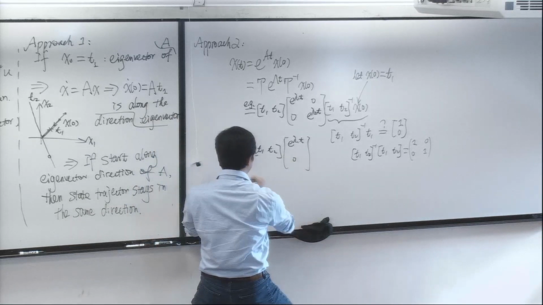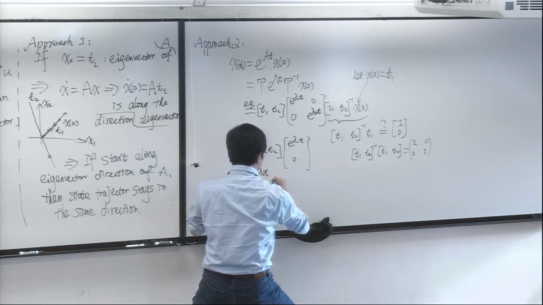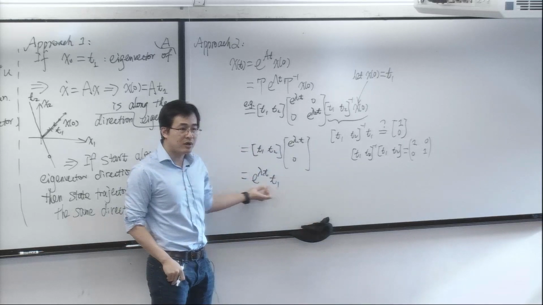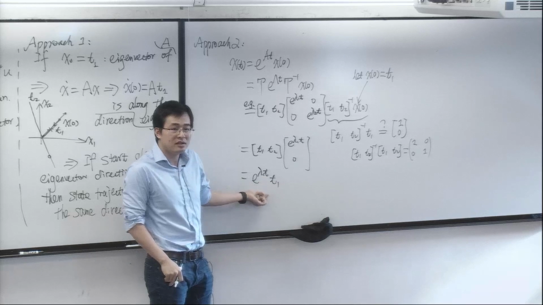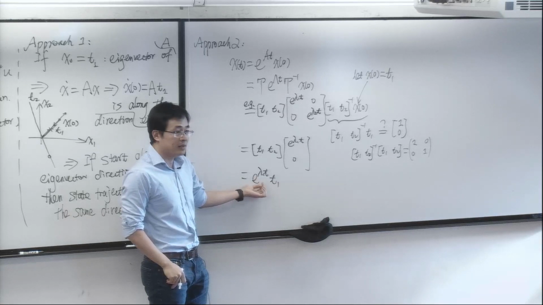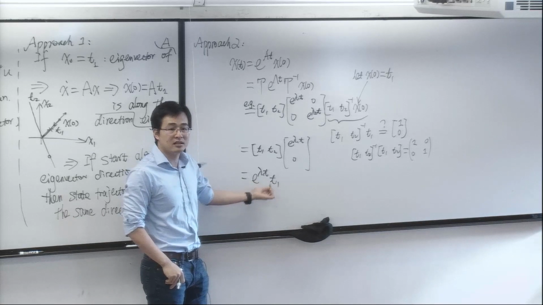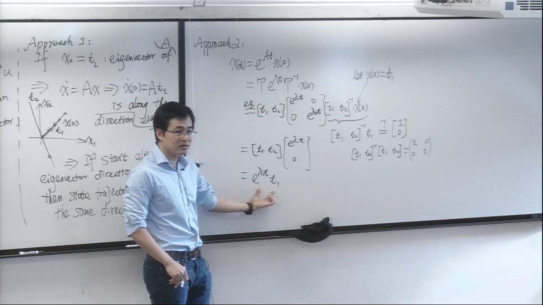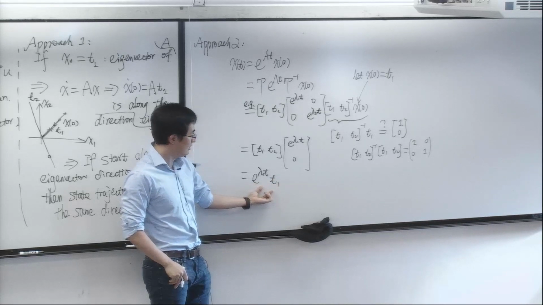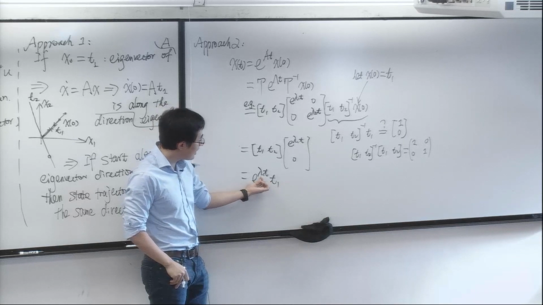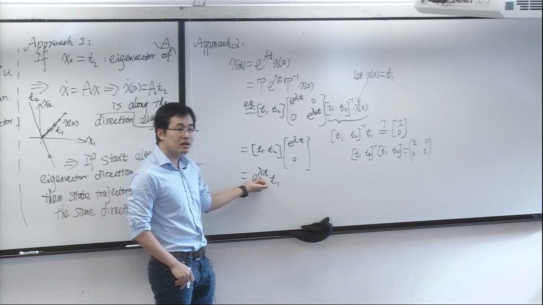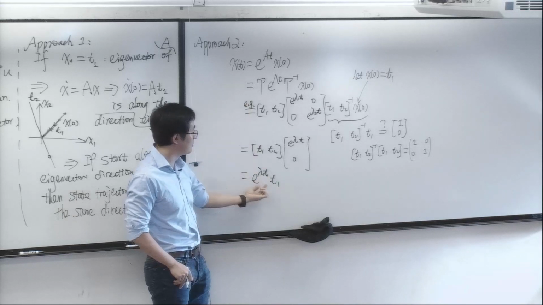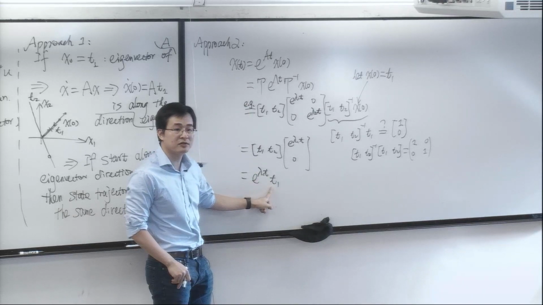So you see immediately we are actually correct. I start in the direction of T1. I remain in this direction. The only thing that changes is, because this is a time function, my state is going to move around. But it moves around according to this law, right? So e^(lambda1 t), the eigenvalue, is going to determine how fast your state trajectory moves along this direction of the eigenvector.